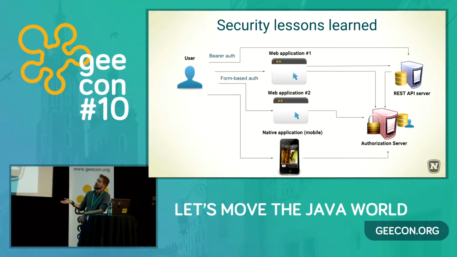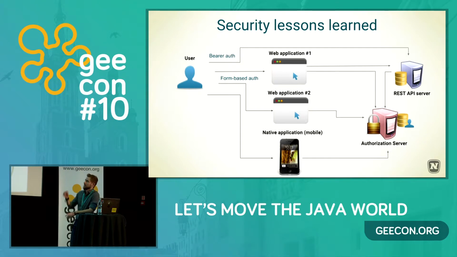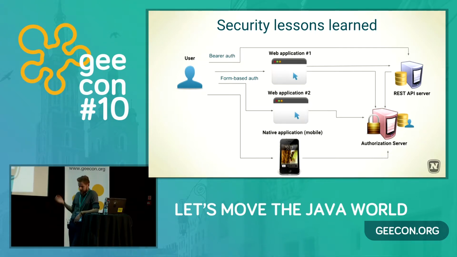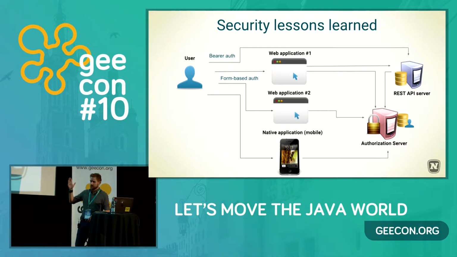How does it work? A user logs into web application number one or number two. He or she enters the credentials. The credentials are exchanged at the authorization server for a token, and the token can then be reused.